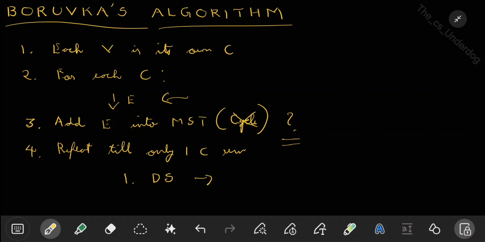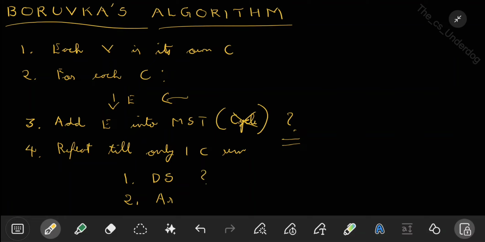Here you don't need all the details. Even if you have a basic idea of disjoint sets, it is okay for you to continue with this lecture. So one thing is the disjoint set data structure, and the second thing that you need is an array which will keep track of the cheapest edge that is going out of each component. If you have both these things, you can go forward with this algorithm.